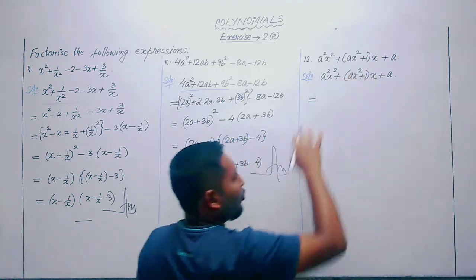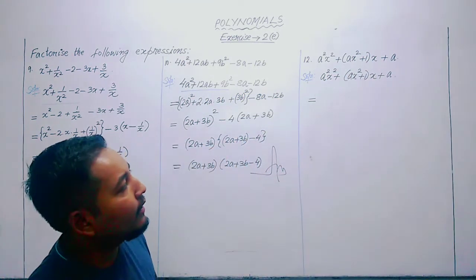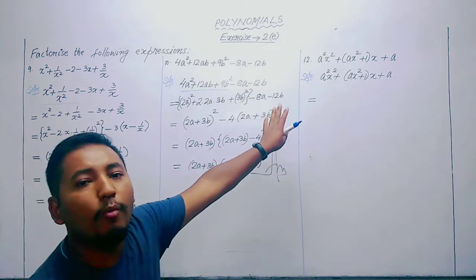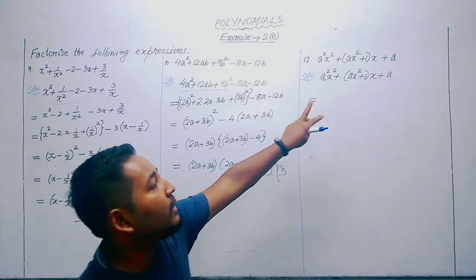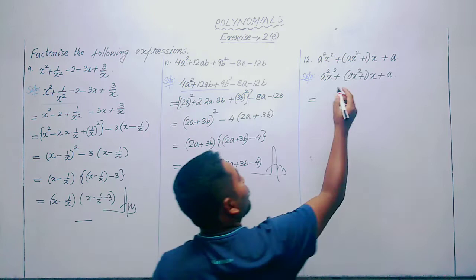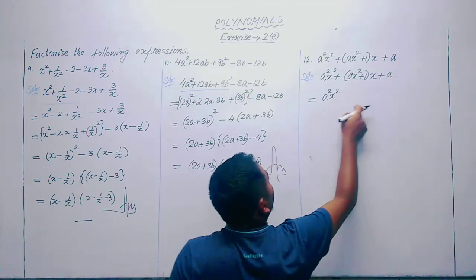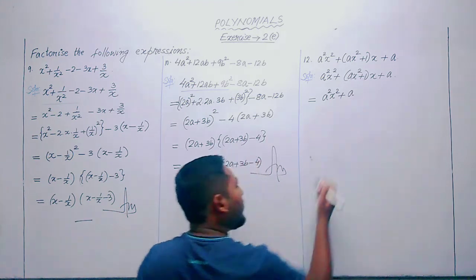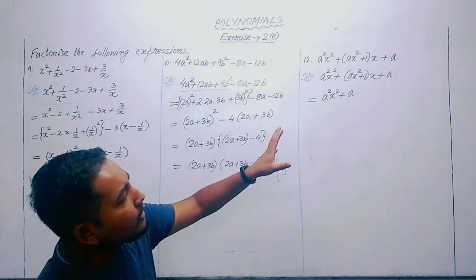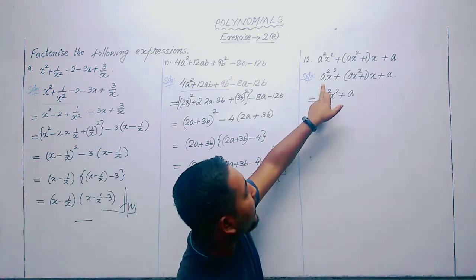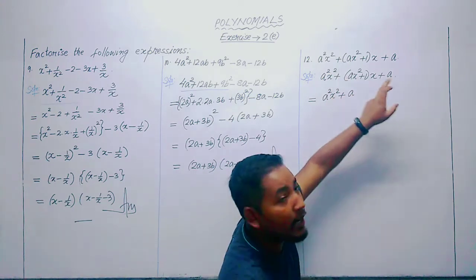Now if you look at this question carefully, you will see that you cannot take out common now. But I can make some changes here. What will I do? I write down a square x square, and I write down this a here. Now why do I write a here? Because I have observed that here a square, here a. I can take out a common easily.